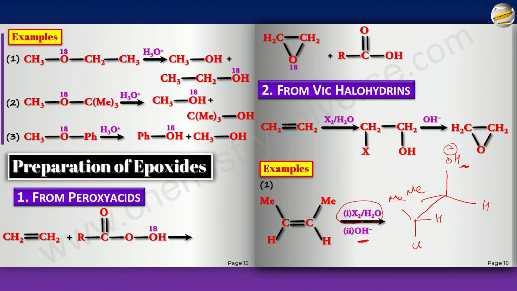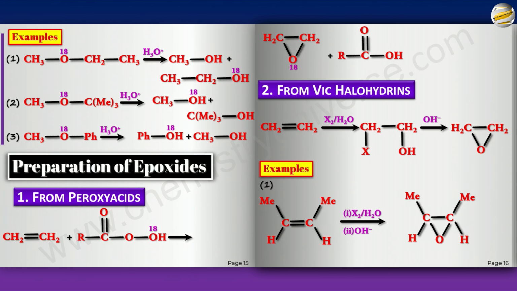But remember, the O minus will attack this carbon to remove the Cl only when it is opposite. That means only when it is like this. If the single bond rotates and the O minus comes down, it's not going to attack anymore. It has to wait for it to go up. So the attack happens from the top. So this will attack this carbon and the Cl will go. Can you see the two Me's are still together and the two H are still together on the same side? So the product would be a cis product.